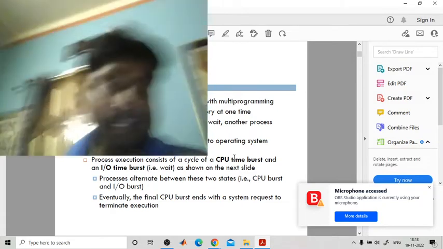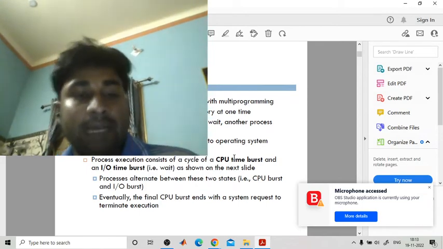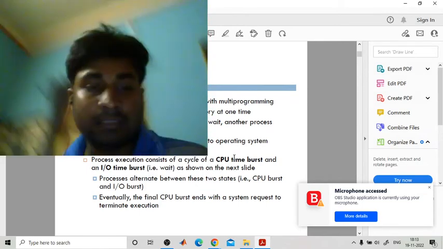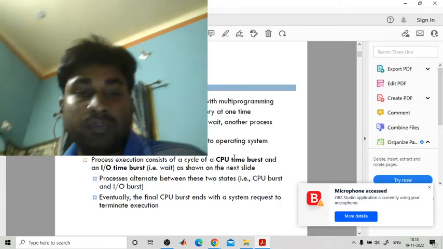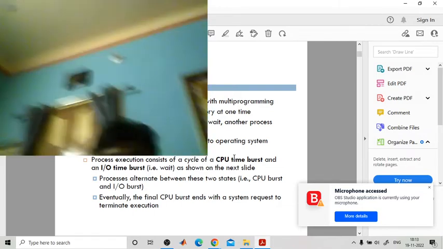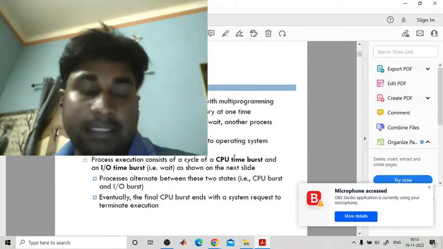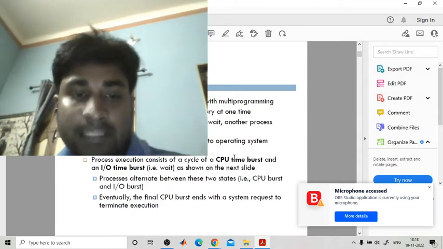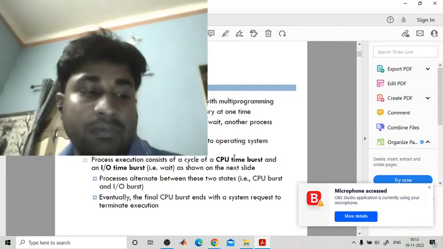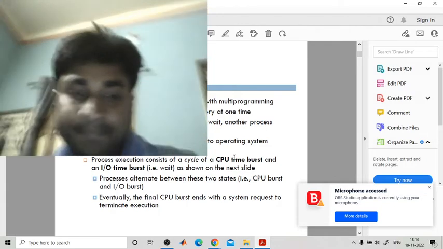So there are basically 5 states for a particular process. In some books or places you may see other variations, but basically the concept is that there are 5 states: new, ready, running, waiting, terminated.